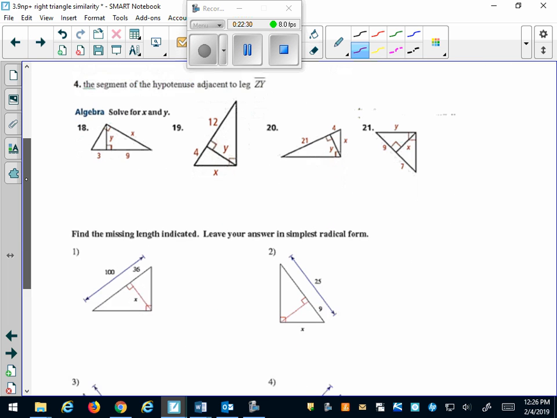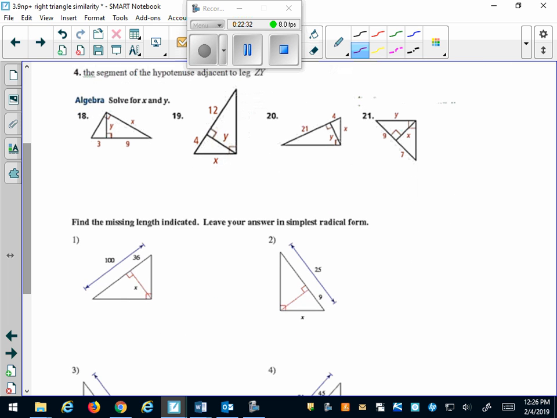So if we actually try to solve these, let's look at number 18. I'll let you go back to the other stuff in a second. We're trying to solve for X and Y here. Like I said, you can redraw these three triangles as similar triangles. You can think about the long to the hypotenuse and short to hypotenuse, whatever. Or you can think about the geometric mean trick that I just taught you.